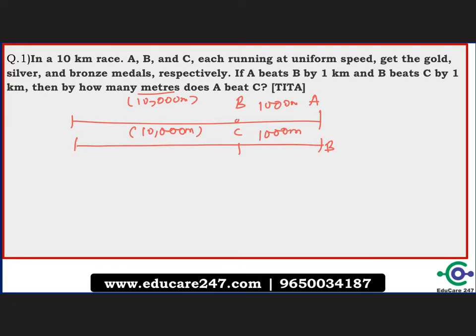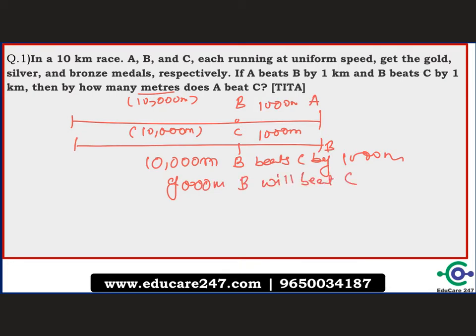Just apply the basic unitary method. If in a race of 10,000 meters B beats C by 1000 meters, then in a race of 9,000 meters B will beat C by 900 meters.